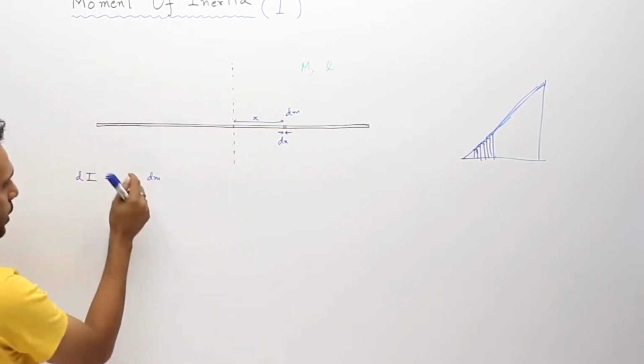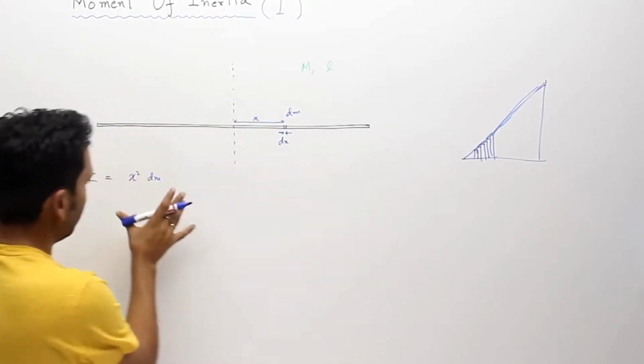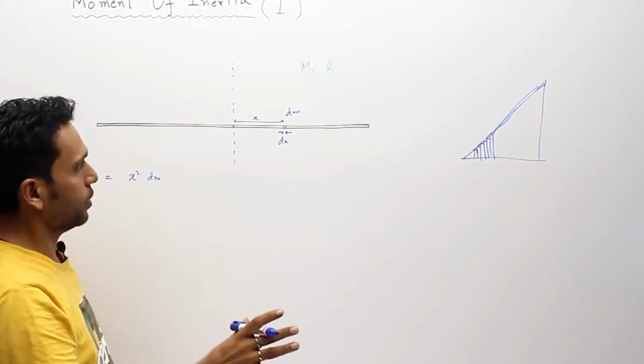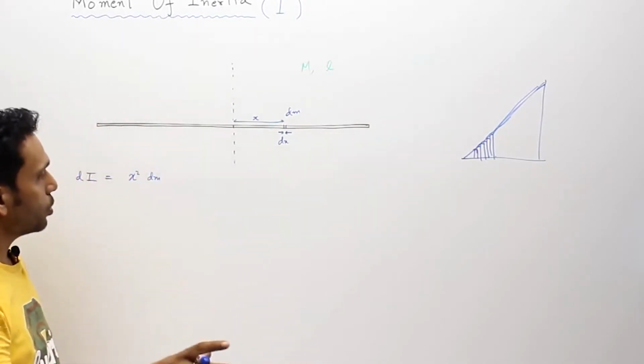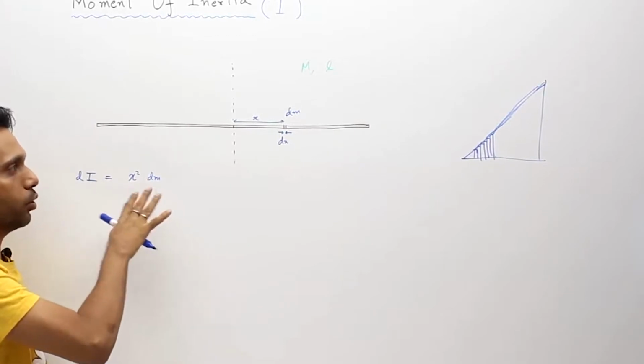So x squared dm, that is x squared dm. That's your dI. So writing this much is the key. It is the first step and the most important step.